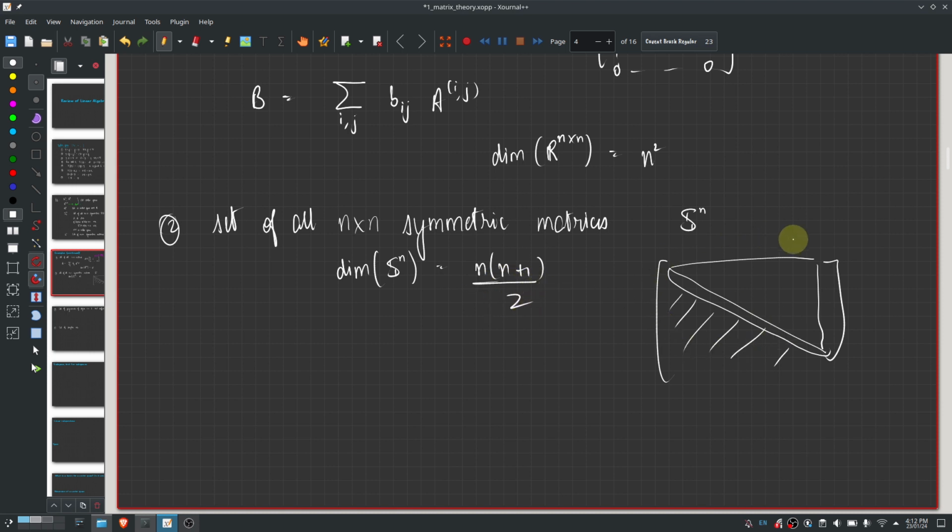Now if we had to construct a basis for this particular matrix, as you rightly pointed out, I have n basis vectors which are obtained by taking one of the diagonal entries equal to 1 and all other entries equal to 0. So there are n such basis vectors.